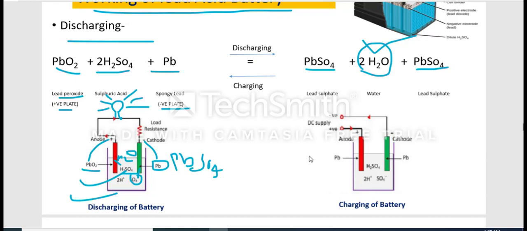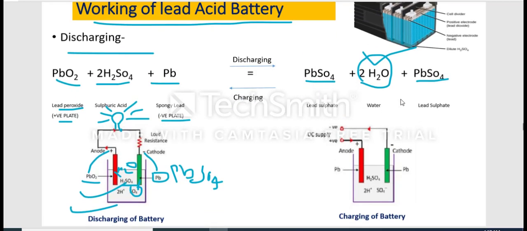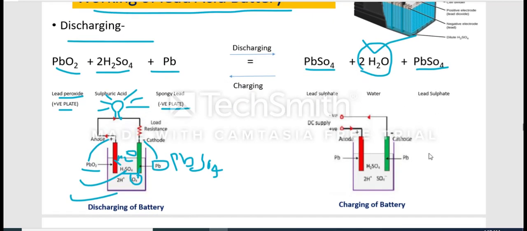And in case of charging of the battery, exactly the reverse reaction takes place. Means the H plus ion moves towards the negative, and the negative ions move towards the positive terminal.